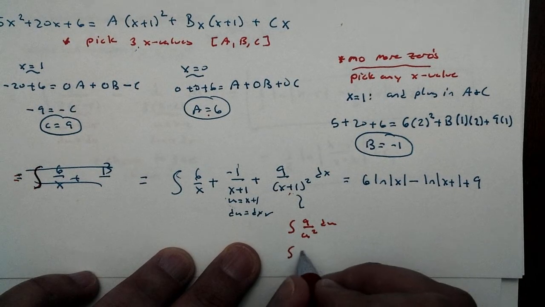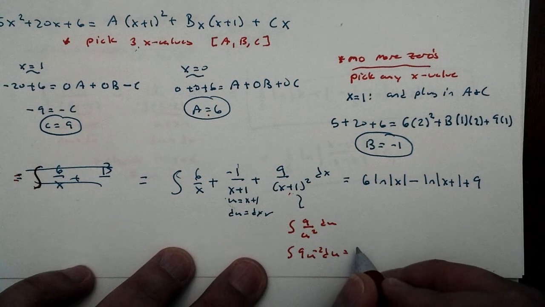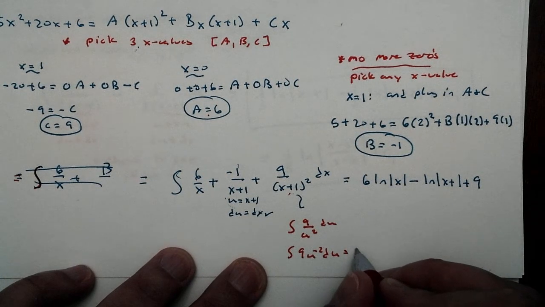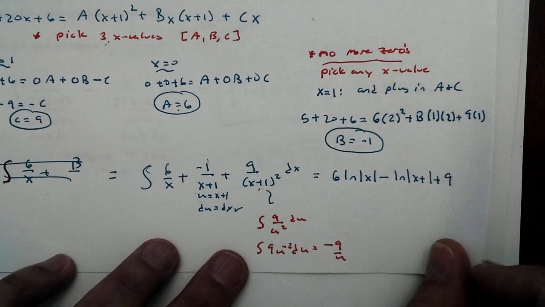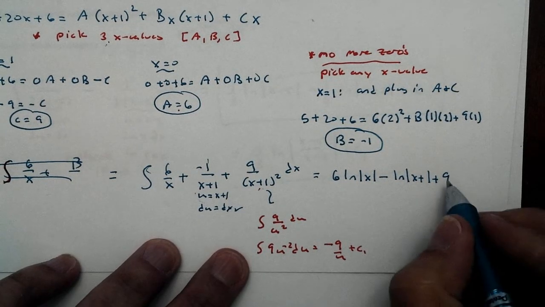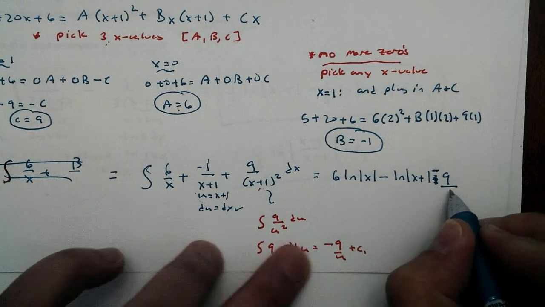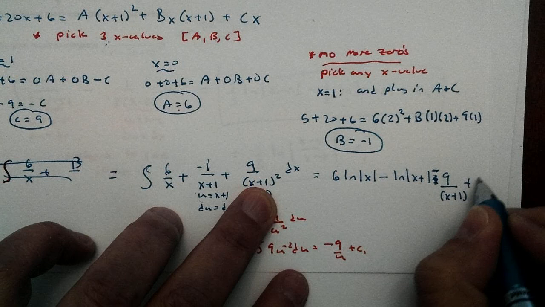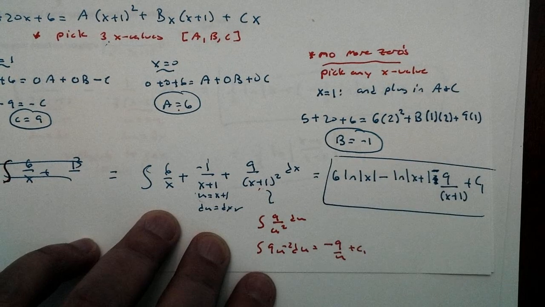This becomes 9u to the negative 2 du, which becomes, if I bring this down, negative 9 over u. So that's what I'm going to use, plus c1. So this becomes a minus 9 over u, which I'm saying u is x plus 1, plus c1 right there. And there is our integral.